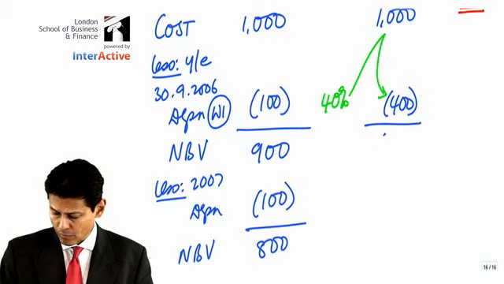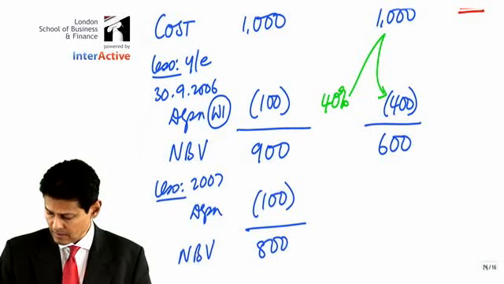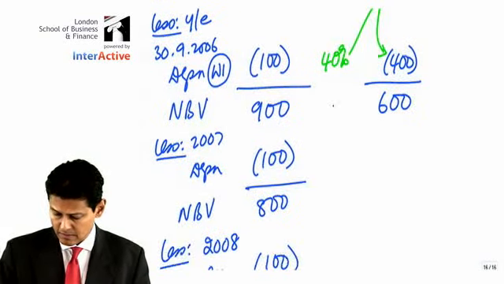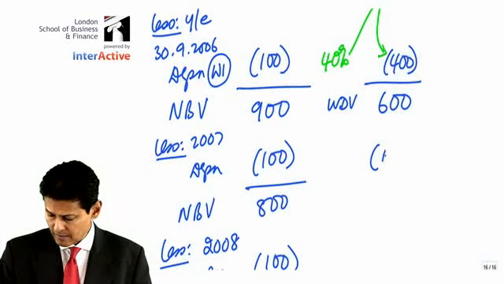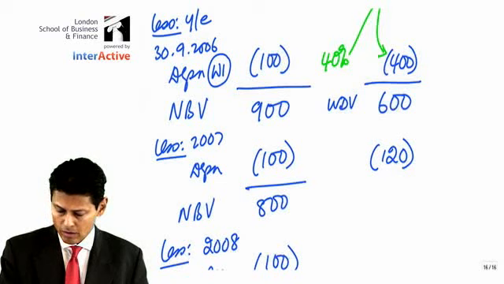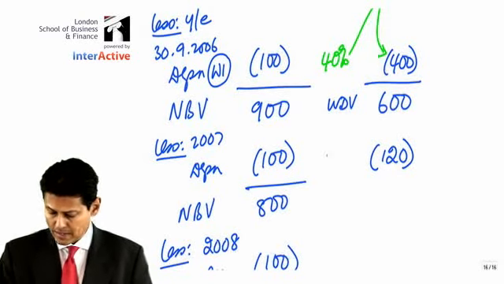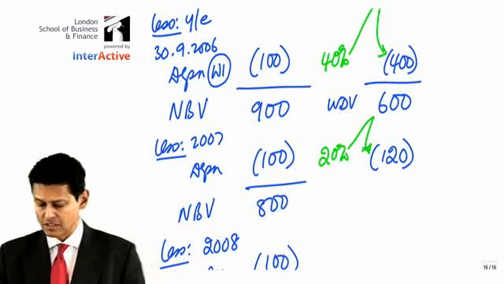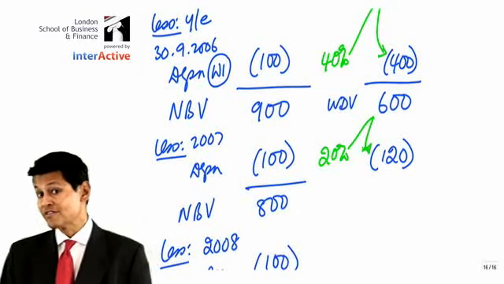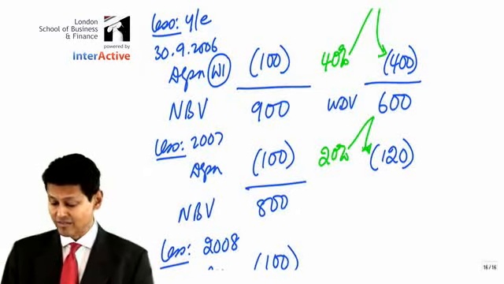Clearly the written down value is 600. 120, of course, is 20% reducing balance basis of 600. 1/5, 600 divided by 5.